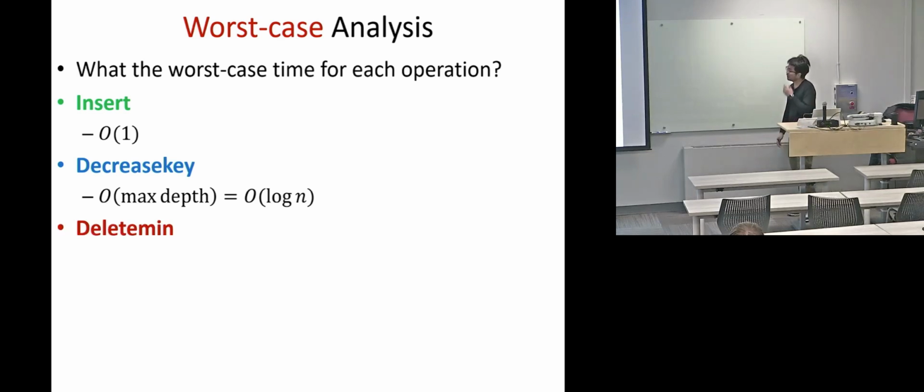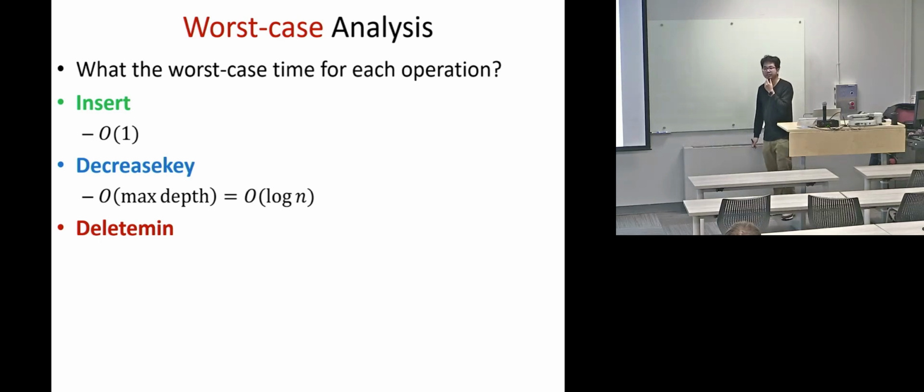What's the worst case cost for delete min? Is it constant? Is it log n? How big can it be? Yeah, Scott? I think it's O(n), because in the worst case scenario you might have to keep reforming trees for every node, but I don't know if I can give a good justification.